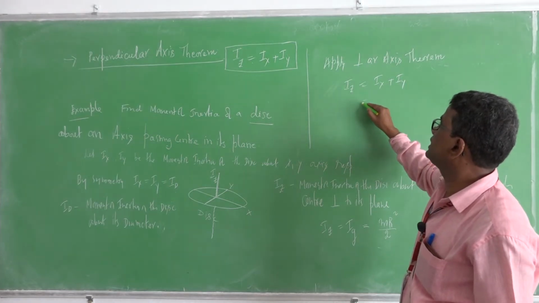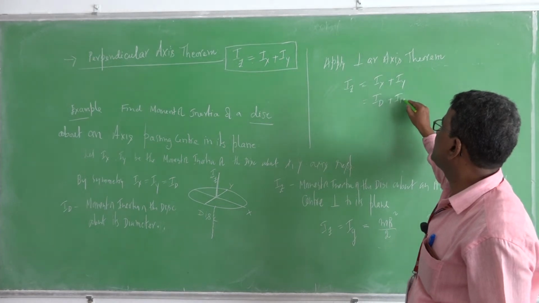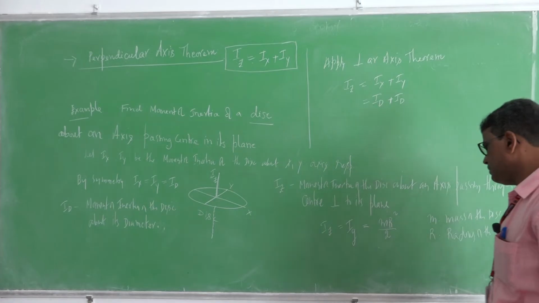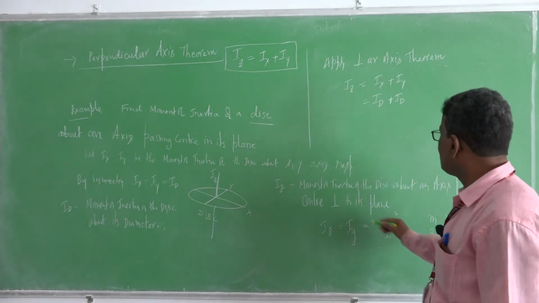Ix is Id, Iy is Id, and Iz is mr square by 2.